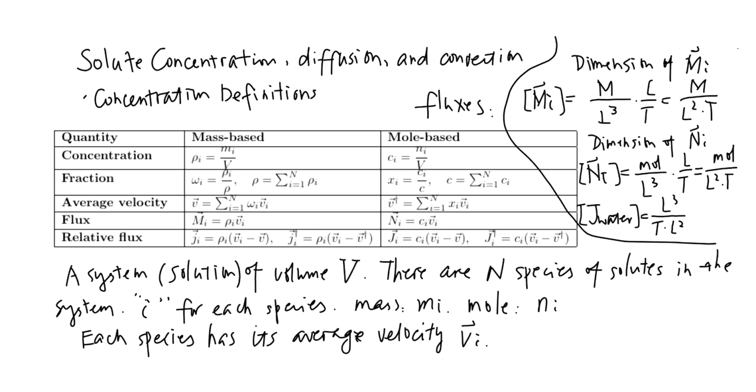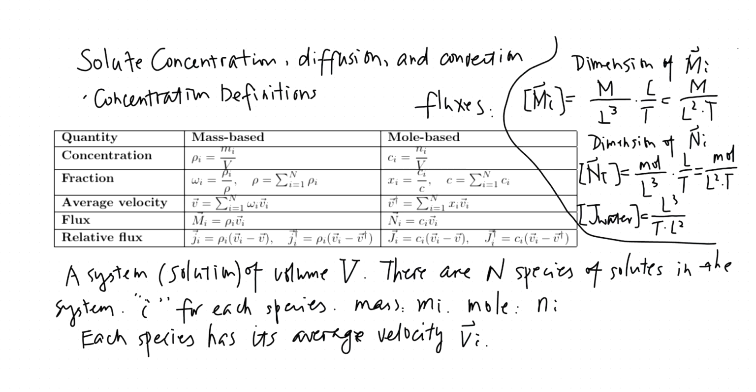The denominator is always area and time. So for now you can understand that any flux is physically defined as the transport of the material you are talking about, per unit area and per unit time.